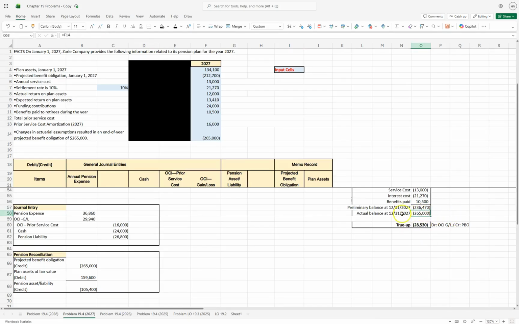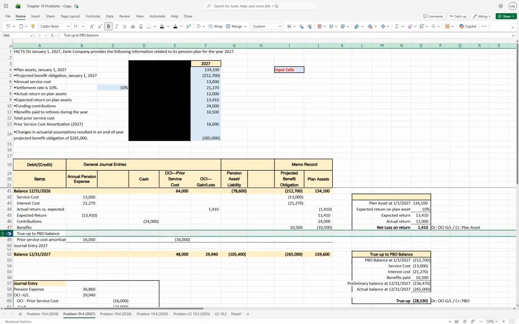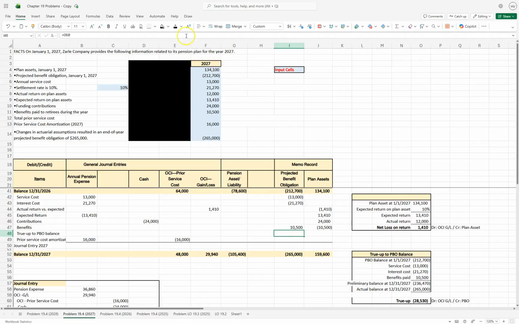Right here, my credit, not yet accounting for this true up, is 236,470. But it needs to be 265,000, which means that I need to increase my projected benefit obligation by $28,500. So here on row 48, I'm going to credit my projected benefit obligation 28,500, and then when I take my beginning balance plus my current year activity, I get a sum of 265.